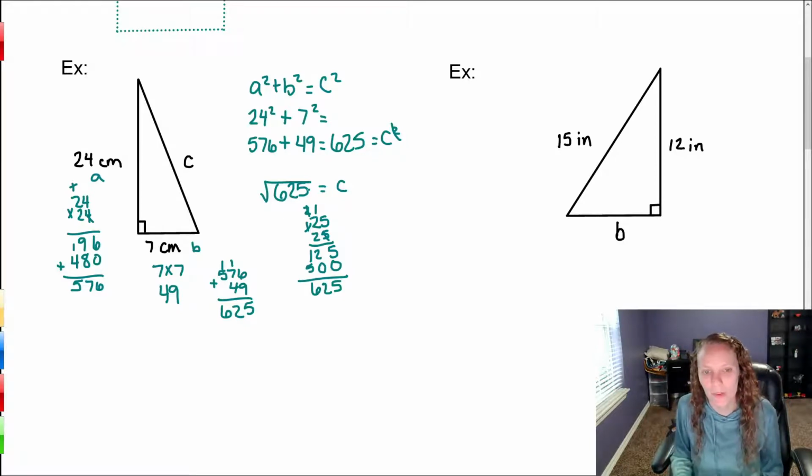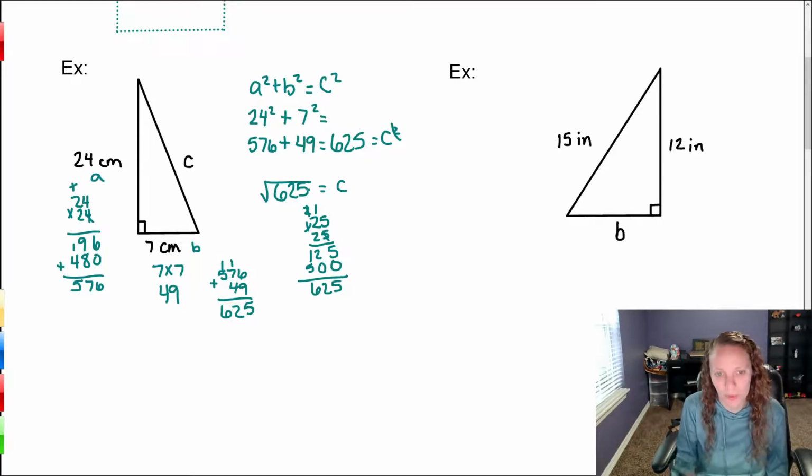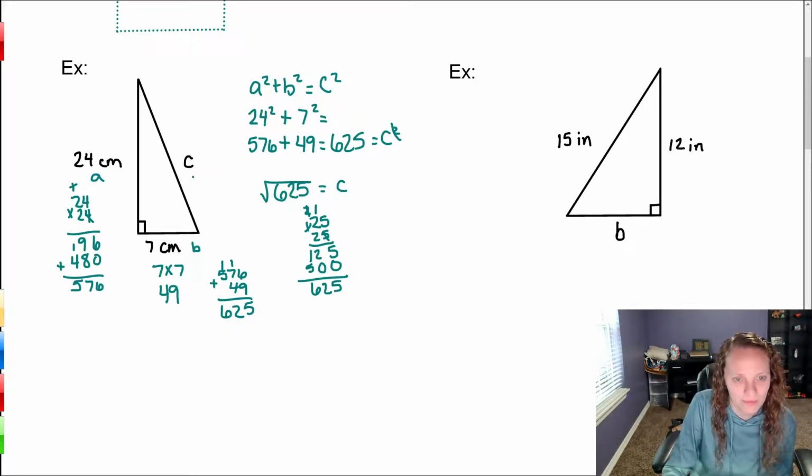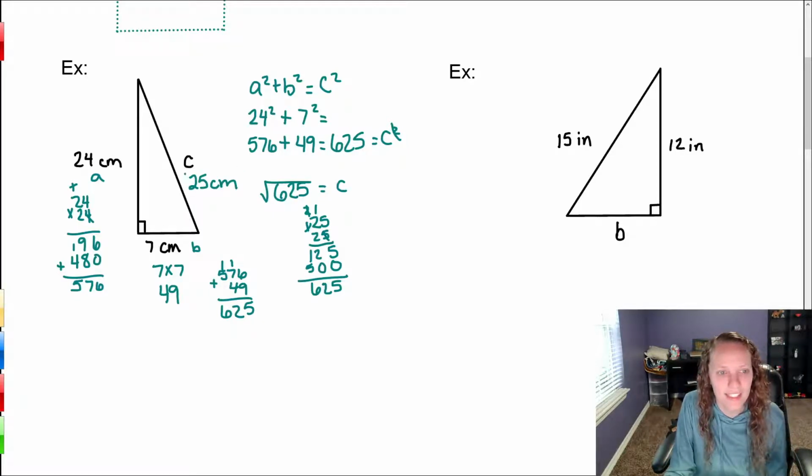Remember, taking a square root of 625, we can't really just divide. Some people like to divide by 2, and that will not help us. It's kind of just a guess and check game to figure out what times what will equal that number. And 25 times 25 is 625. So our answer for C is 625 centimeters.